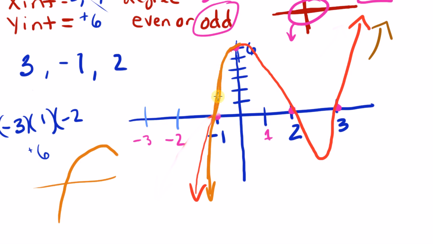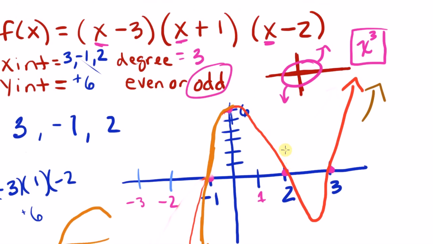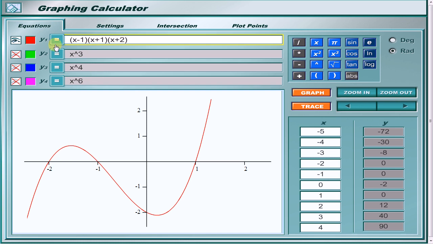Okay, so that was x minus 3. So x minus 3, x plus 1, x minus 2. Make sure that's right. Yep, x minus 2. And we'll look and see what this one looks like. And let's see there.